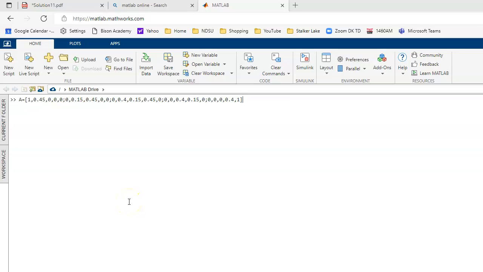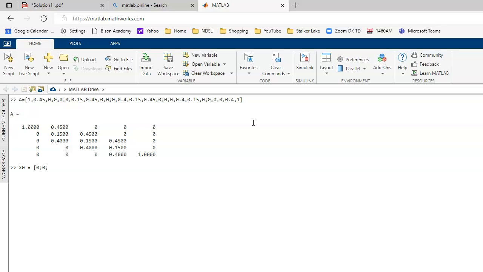So you input your system A, and your x0 is your initial condition. I'm going to start out at even. C is what I want to look at.